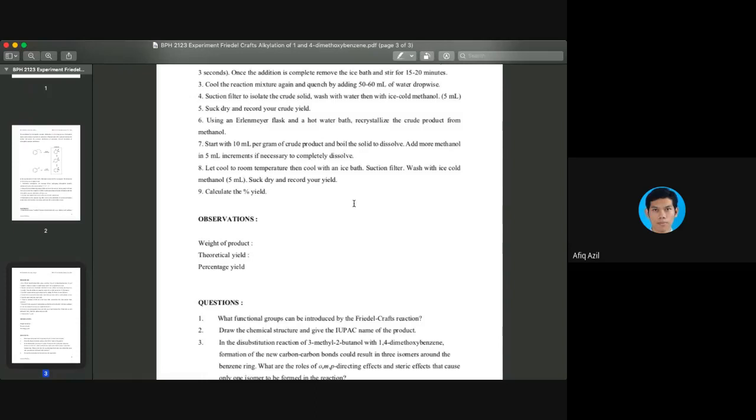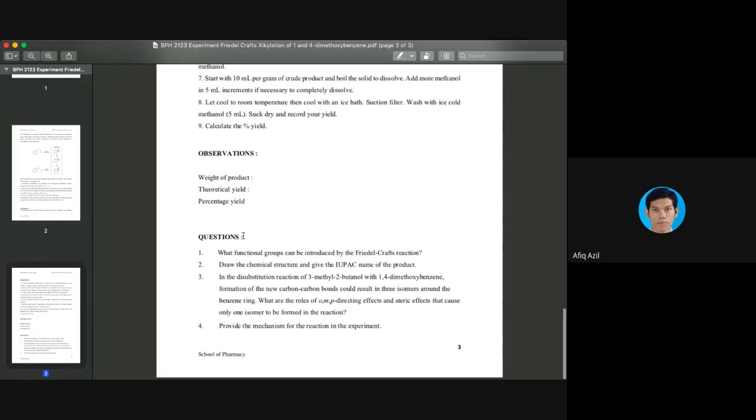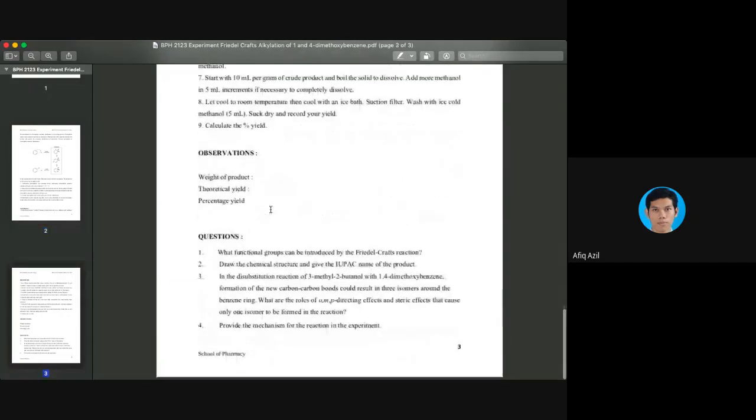Okay, so this is the observation, the raw data I will share in the Google Classroom. Later I will show you. And just some questions that I posed over here. So what kind of functional groups can you introduce by Friedel-Crafts reaction? And if you notice that in this manual, I did not give any reaction scheme.